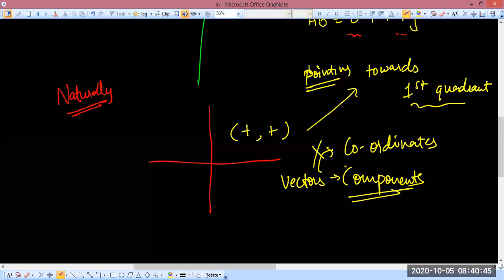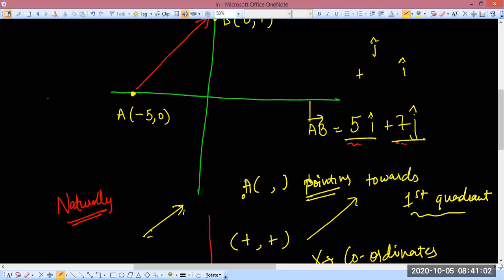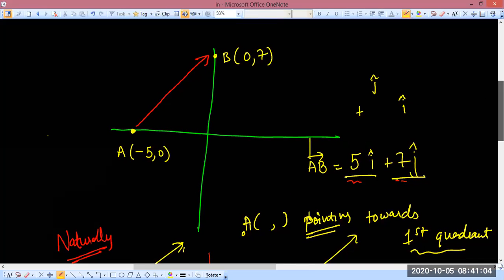A point has coordinates, but a vector has components, horizontal and vertical. That's why both are positive. See, no confusion, isn't it?